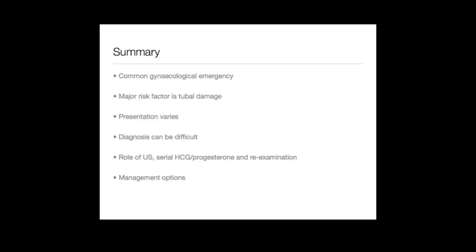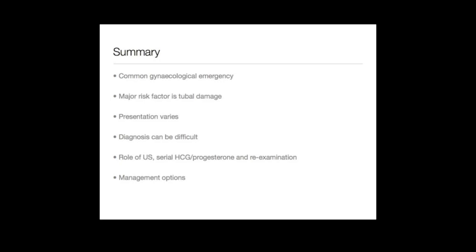So, in summary, in this podcast, we've talked about ectopic pregnancy, which is a common gynecological emergency. The major risk factor for this is tubal damage, say secondary to infection or surgery. We mentioned that the presentation of ectopic pregnancy can vary from mild pain right through to massive hemodynamic compromise and collapse.